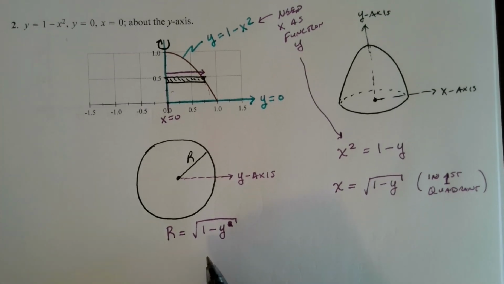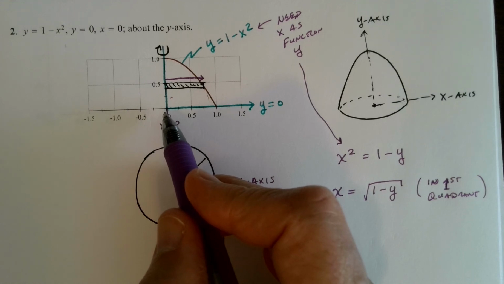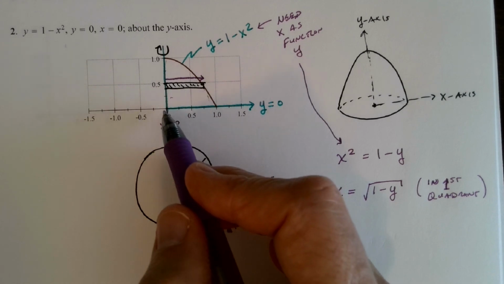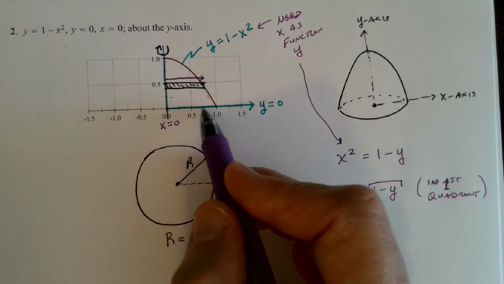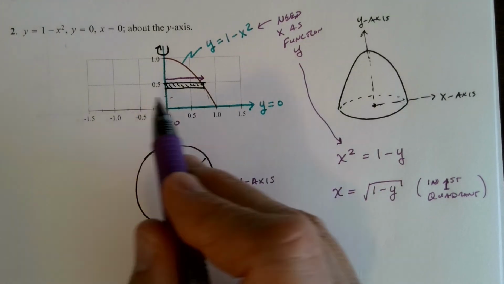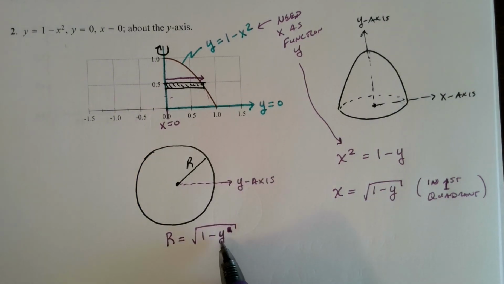Just check, does this make sense? y is varying from 0 to 1. When y is 0, our rectangle is all the way here, and that radius is 1 unit. That circle is going to have a radius of 1. Is that true when y is 0? 1 minus 0 is 1. Square root of 1 is 1. And so, yes, that works.